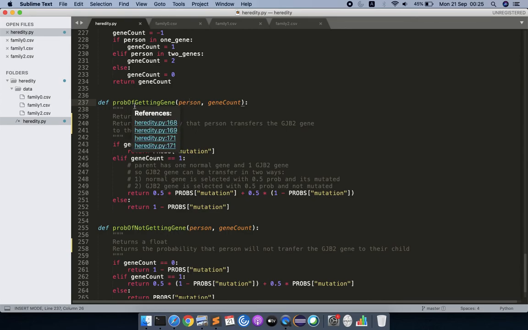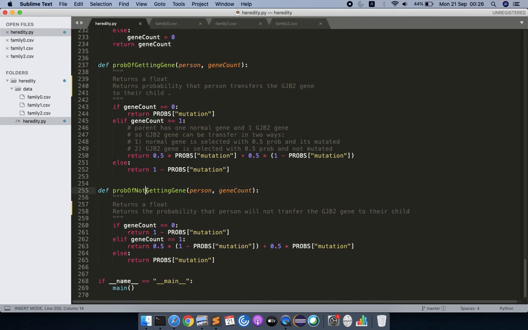It tells with what probability he will transfer a GJB2 gene to their child based on their gene count. And this function tells the probability that he will not transfer the concerned gene to their child.